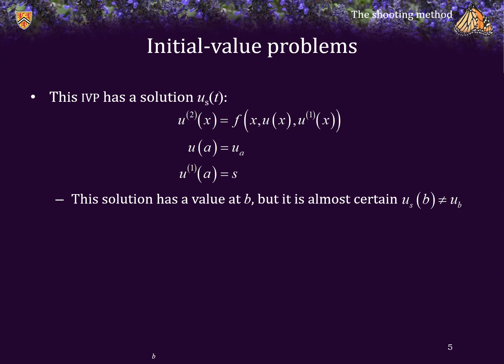Now, this becomes an initial value problem. The problem is, if I just pick an arbitrary s for an initial slope, there's no guarantee that the solution to this initial value problem has a value at x equals b equal to our right-hand boundary condition u sub b.